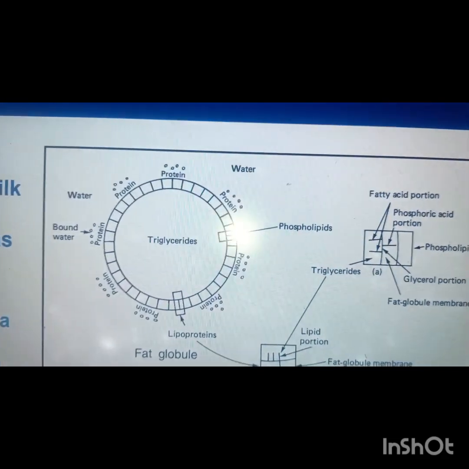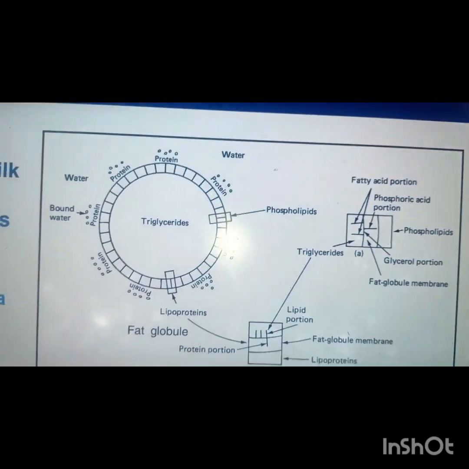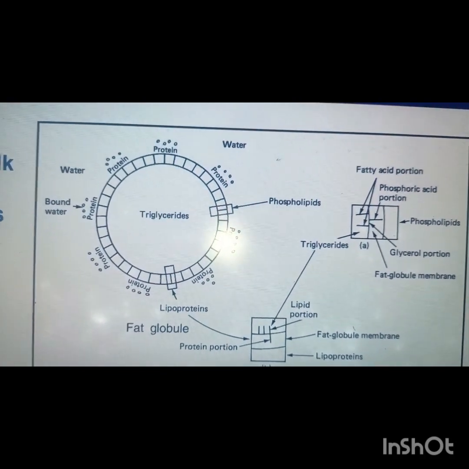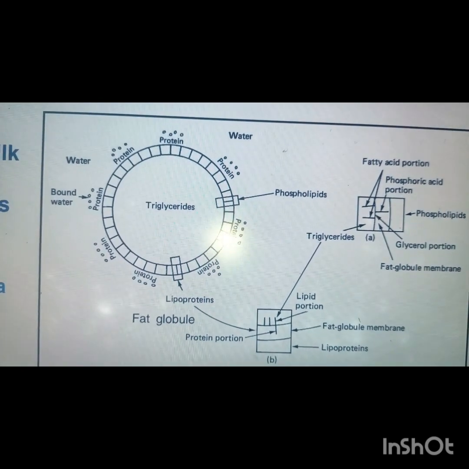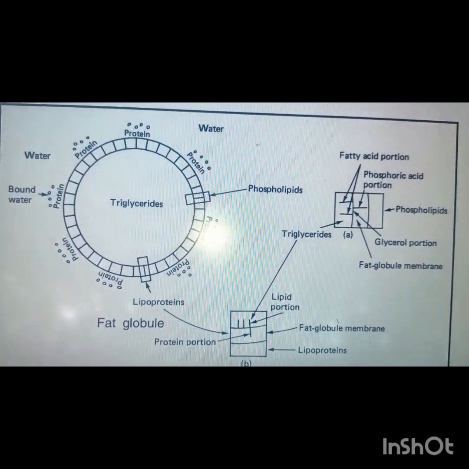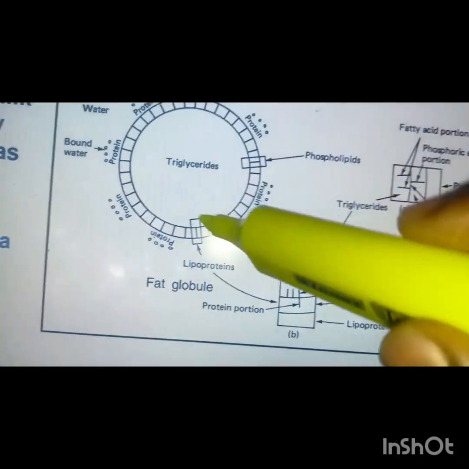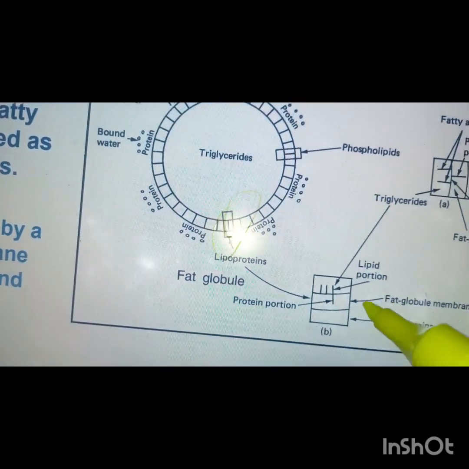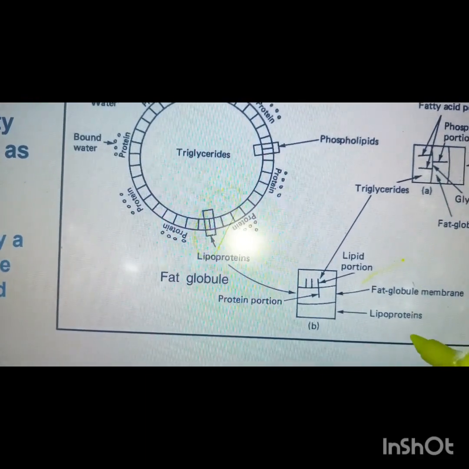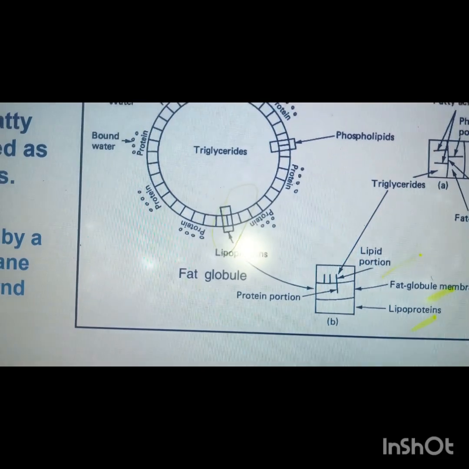Now, still on lipids, we get to understand that triglycerides in milk contain the fatty acids that are deposited in tiny fat globules. As you can see here, we have fat globules. If we take this portion out, you realize that we have a lipid portion, we have a fat globule, and we have lipoproteins.